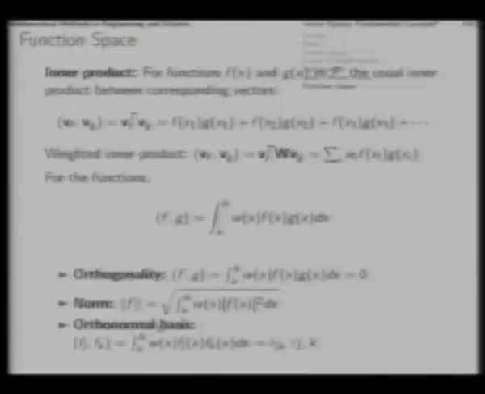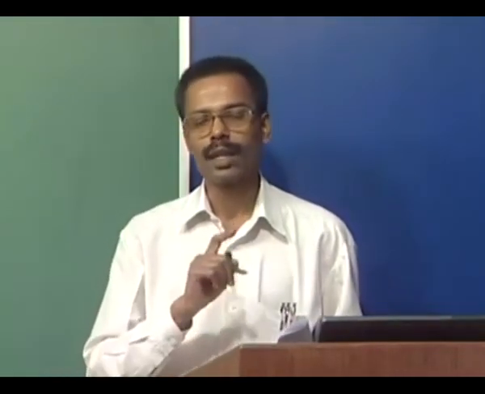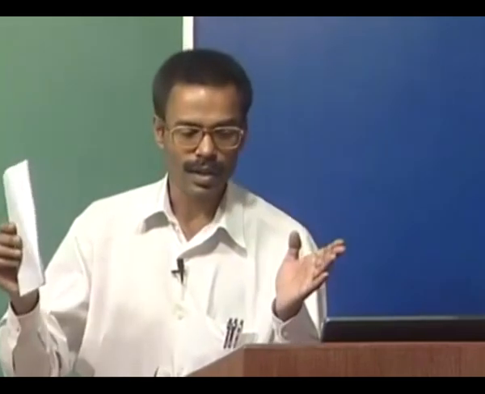So, for orthonormality of a set of functions, you require this condition, that is the inner product between each pair f_j f_k in that basis must be delta_jk. If j and k are the same, then this should be 1, and if j and k are different, then it should be 0 for all j, k. That way you will get an orthonormal basis for that function space.